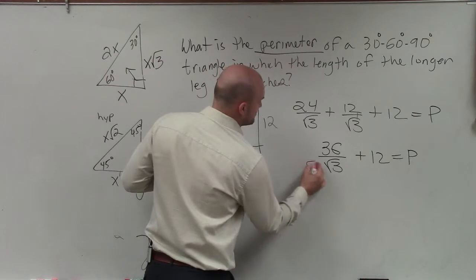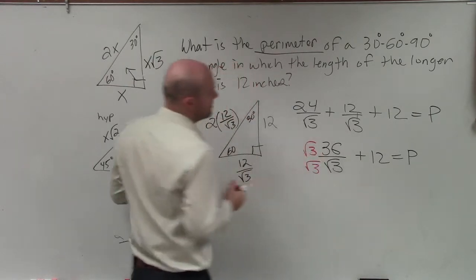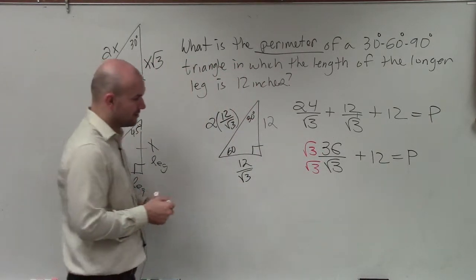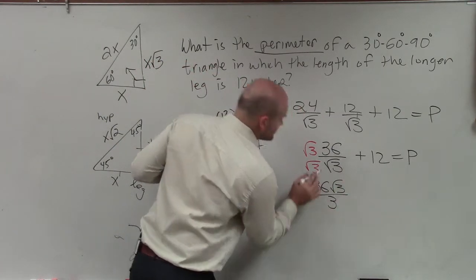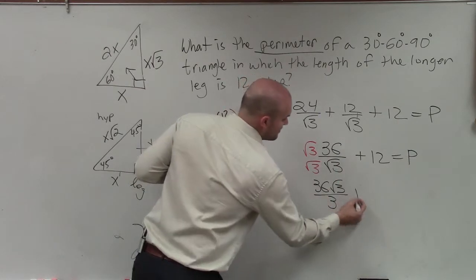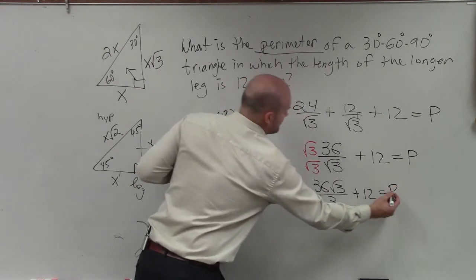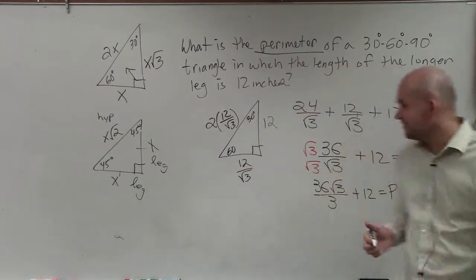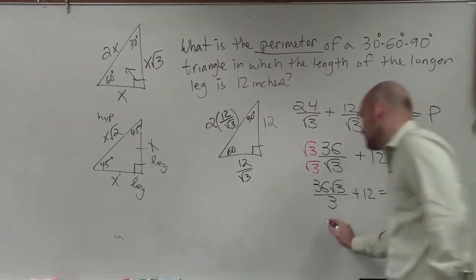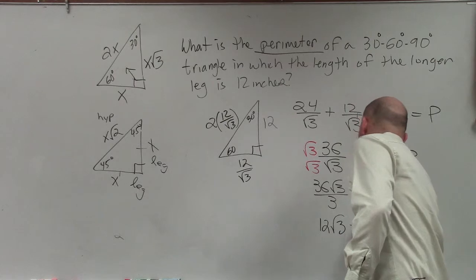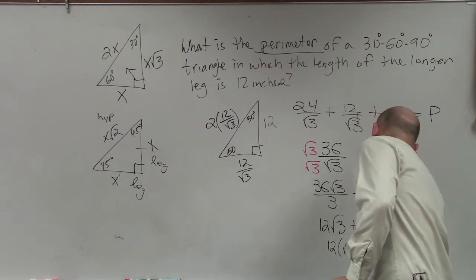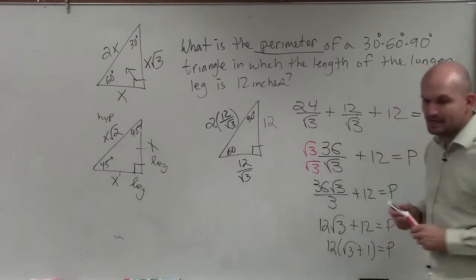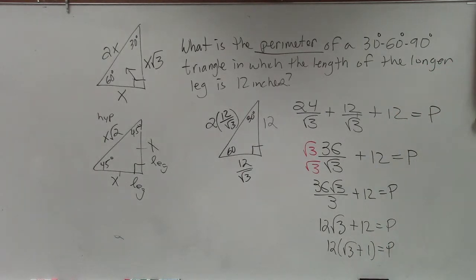So to do that, I need to multiply by the square root of 3 on the top and bottom. So therefore, simplifying this, I get 36 square root of 3 over square root of 3 times square root of 3, which is 3, plus 12 equals p. Then I can simplify this to 12 square root of 3 plus 12 equals p, or 12 times the square root of 3 plus 1. But you guys can see in your answer that they leave it as the first one, which is letter J.